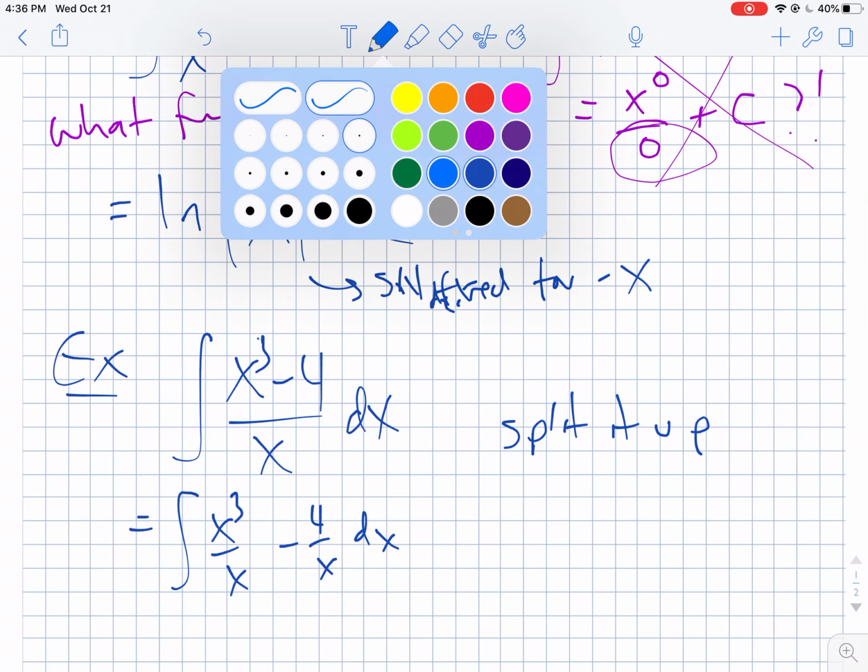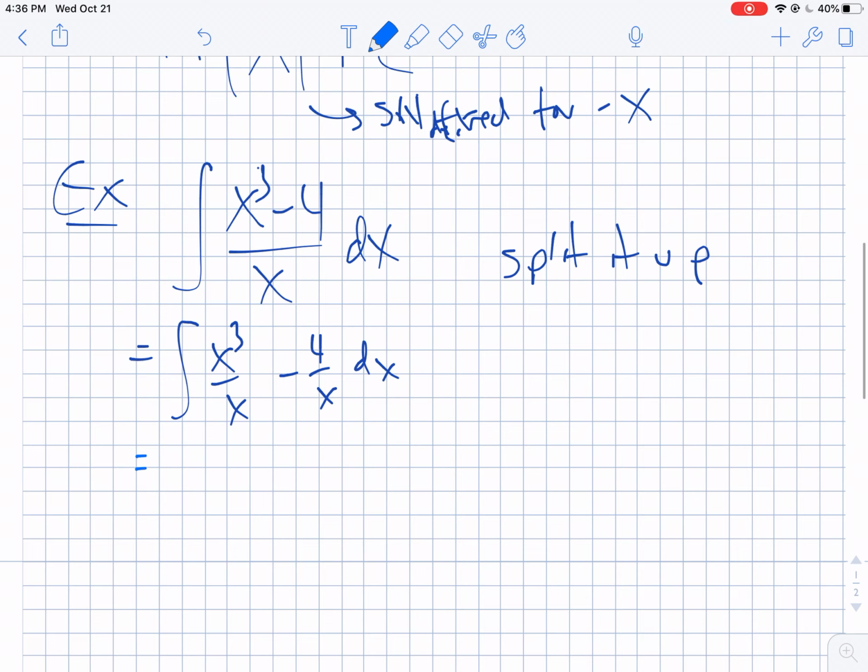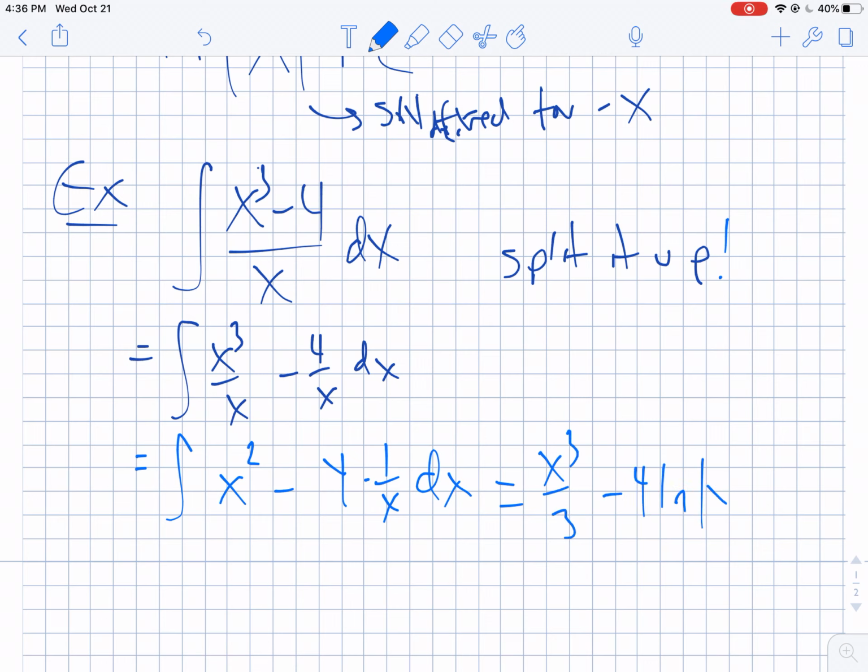From there, I'm basically just taking the antiderivative of x squared minus 4 times 1 over x. Once we split apart the fraction, this is just x cubed over 3, and then minus 4 times the natural log of x plus c.